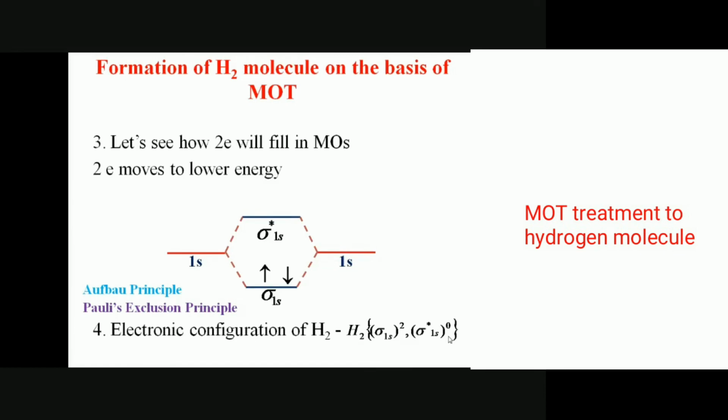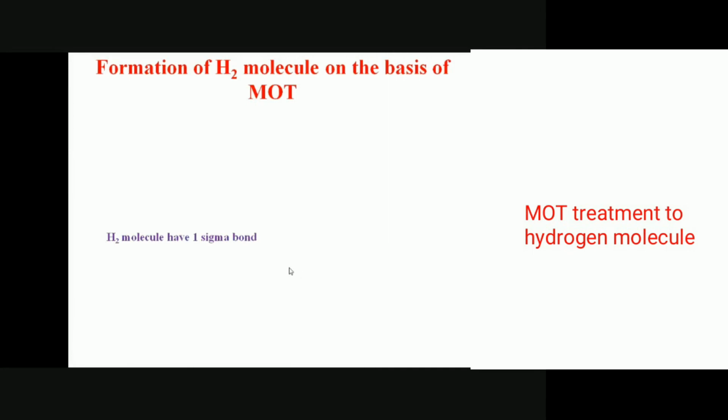In this diagram there are two energy levels, one bonding molecular orbital and one antibonding orbital. By taking care of the bonding and antibonding molecular orbitals, we can easily determine the bond order of any molecule.